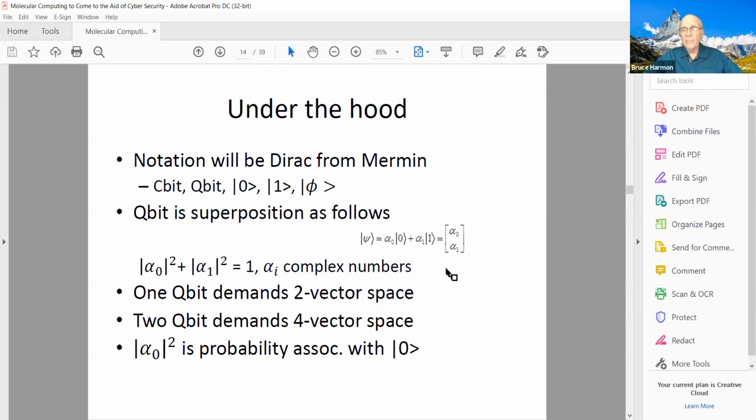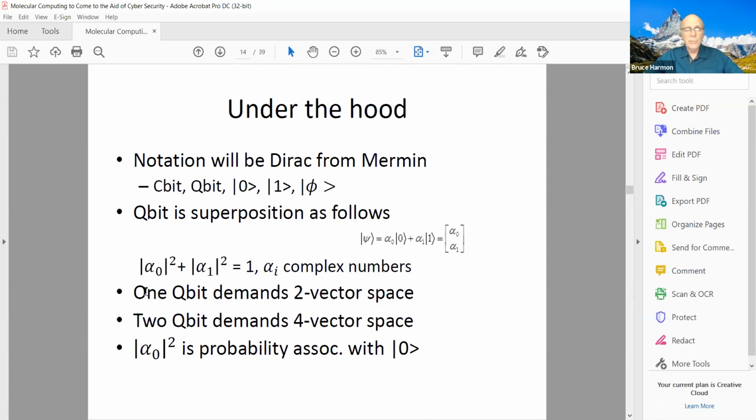And we'll see later, if I have a column vector of 4 of these, like in a 2-qubit, that the sum of the squares of those must add up to 1. So in effect, the square of the magnitude of that alpha is the probability associated with the existence of the qubit in a given state, for example, 0.